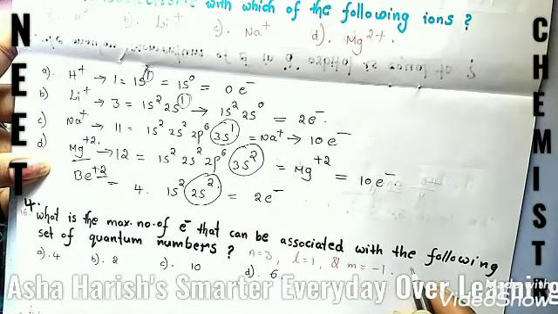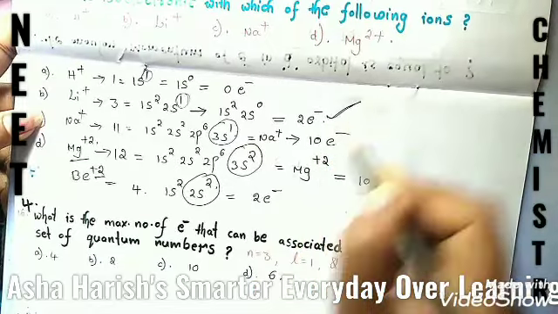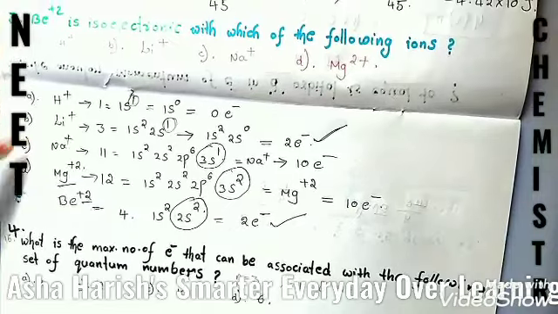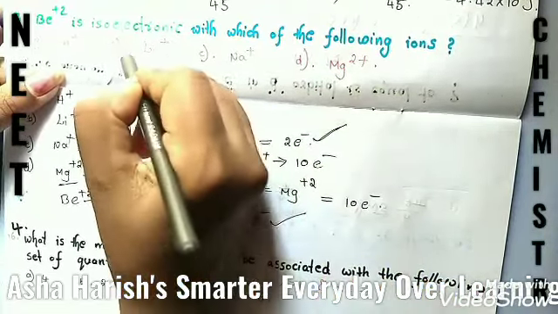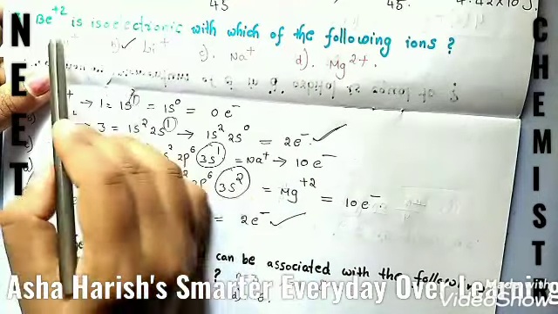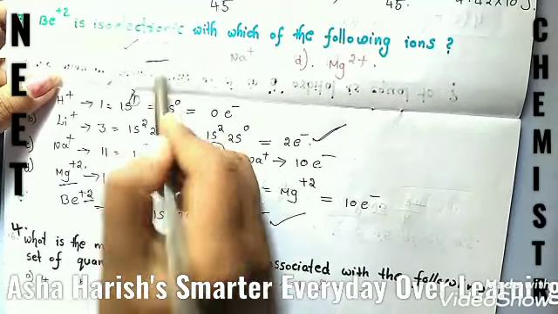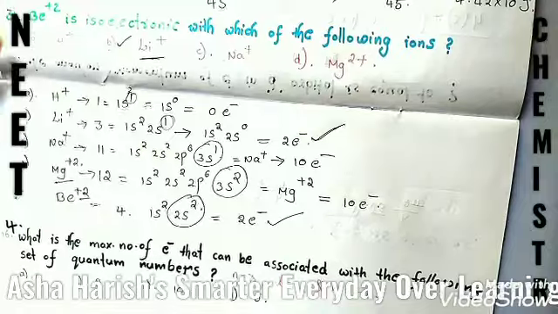Students, we got 2 electrons for lithium plus as well, so both have the same number of electrons. Hence the answer is the lithium plus ion. Be plus 2 is isoelectronic with lithium plus. This is the answer.